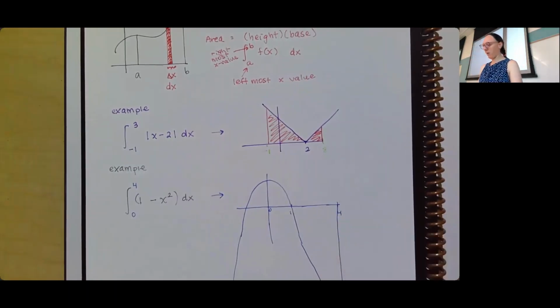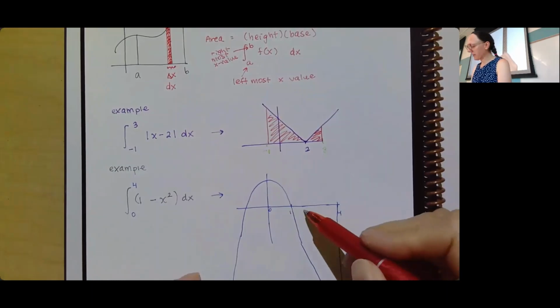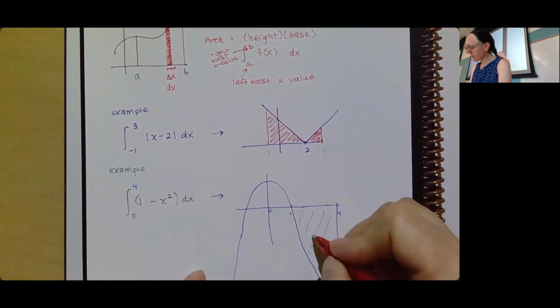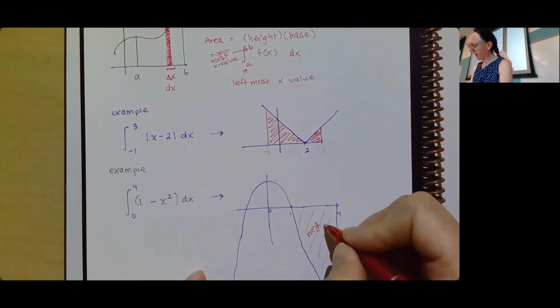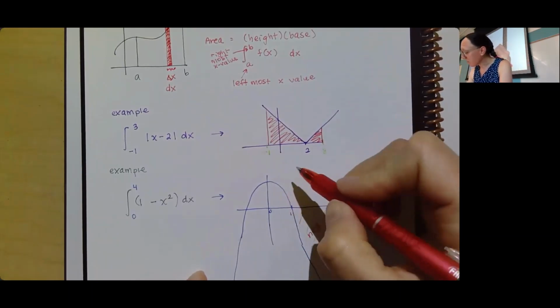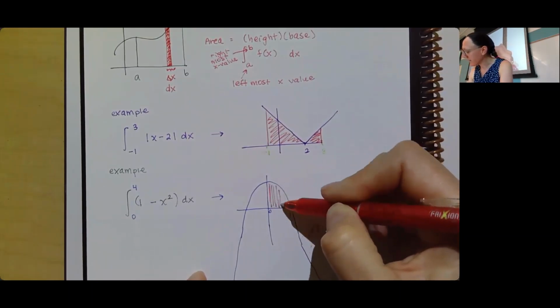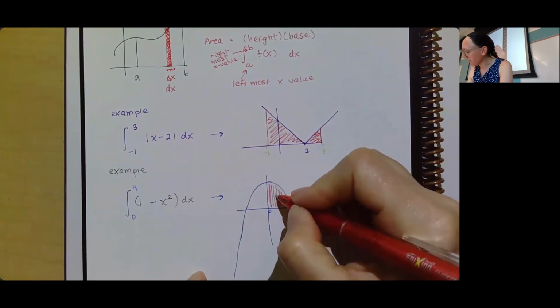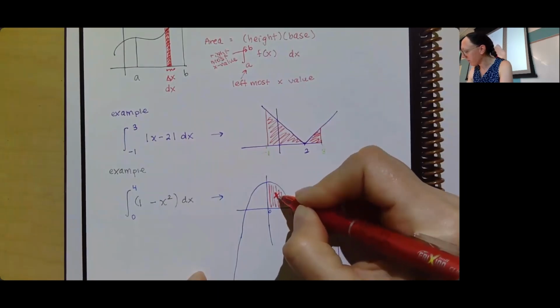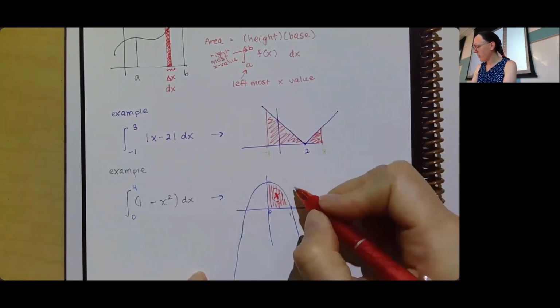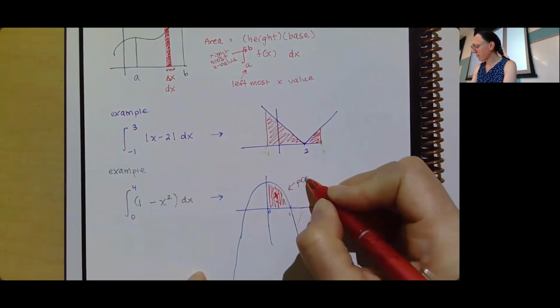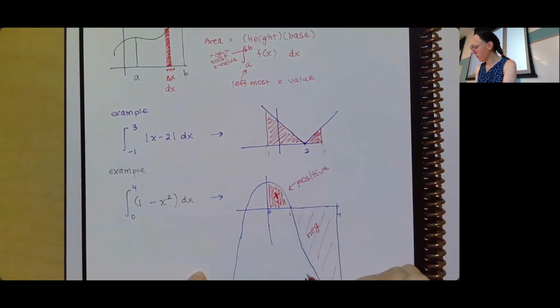So when we think about this area piece, this part is going to have negative area. And this part up here above the axis, we would have positive area. So we define it above the axis as positive and below the axis as negative.